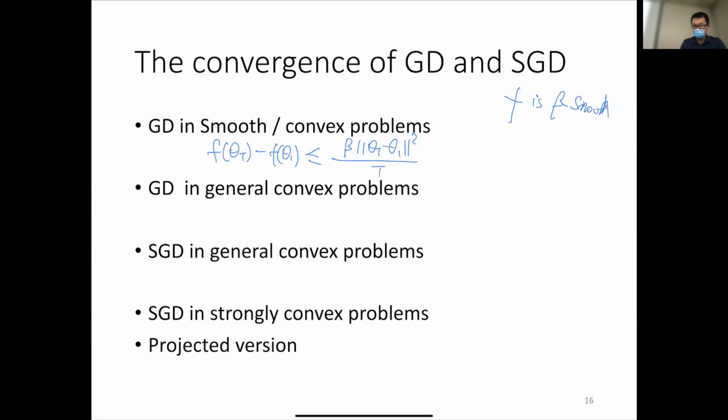And this requires us to choose this learning rate eta to be a constant at 1 over beta.